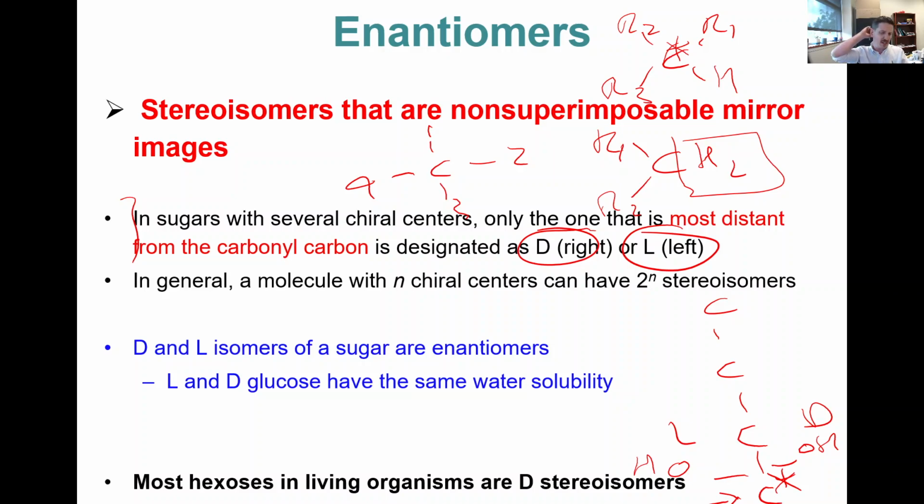When biochemists first started talking about sugars, they would compare the sugars to glyceraldehyde, and rather than calling it clockwise and anti-clockwise with the plus and minus and the R and S, they had the dextro or levo, which is Latin for right and left, respectively, and it just kind of stuck.